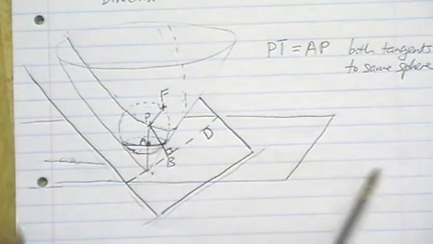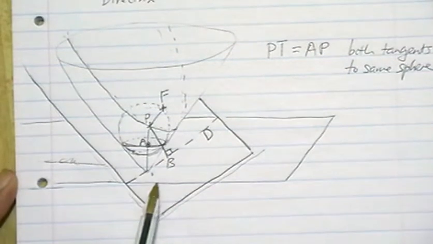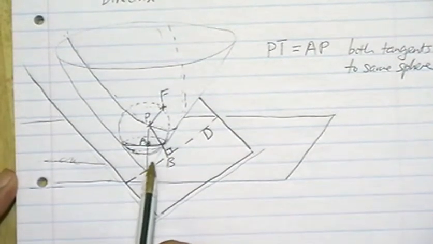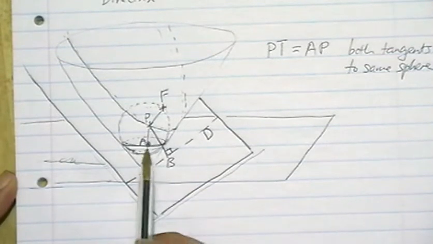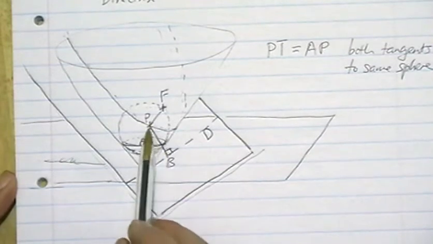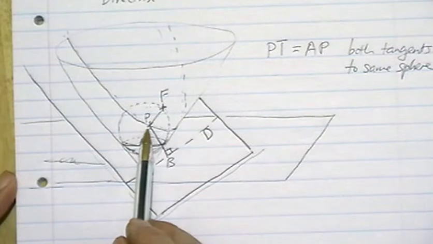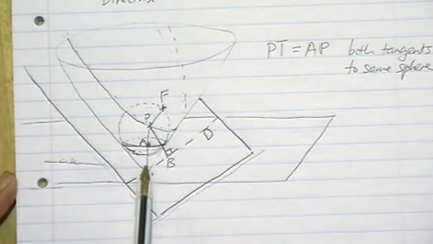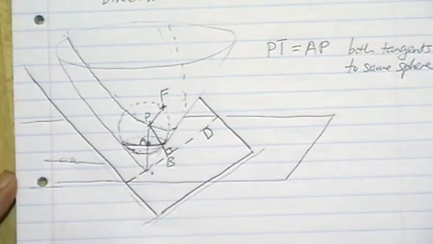The looks can be misleading, because both PA and PB are slanted. PA is not really vertical as it seems. PA is along the sides of this cone.